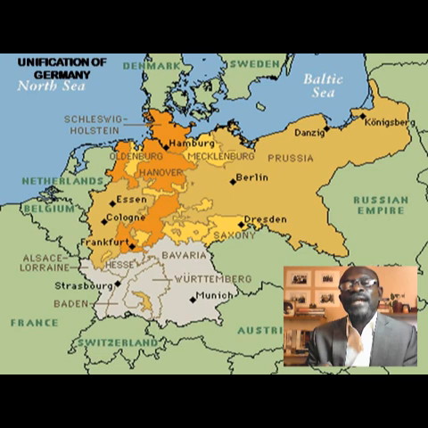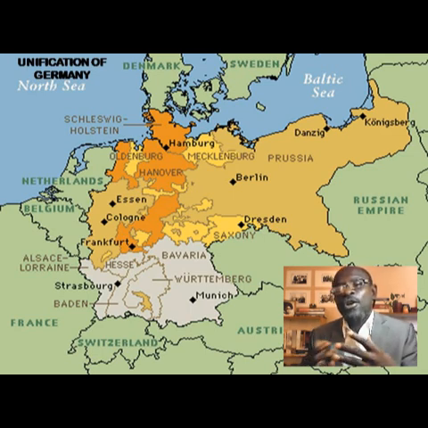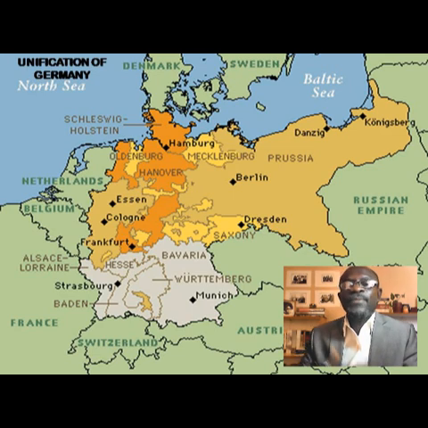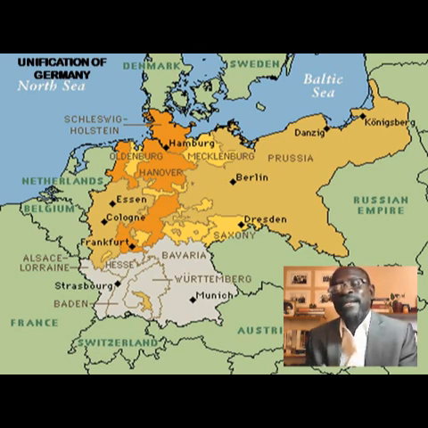The second thing that we saw moving on from 1863 was the Danish War of 1864, and we saw what provoked this war, which was the Schleswig and Holstein affair. We may not go into details about the Schleswig and Holstein affair, but if you remember clearly, I established the fact that the Danish, right here on your map, you can see Denmark there, and you can also see Schleswig and Holstein right here.